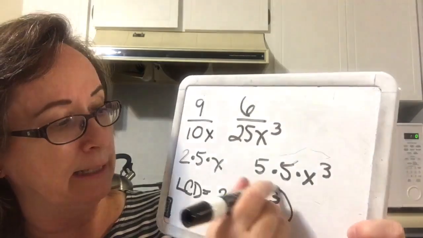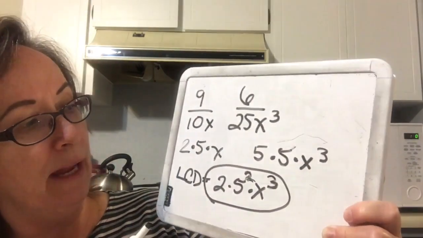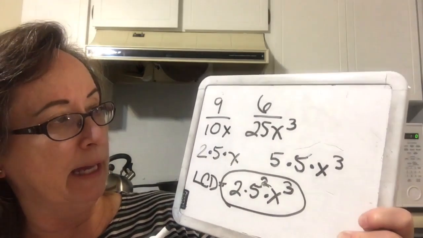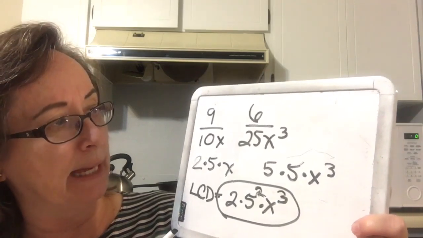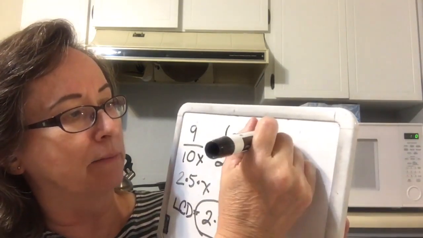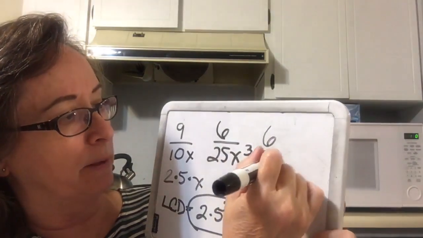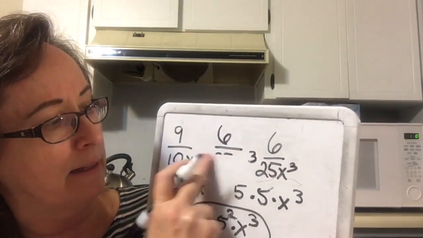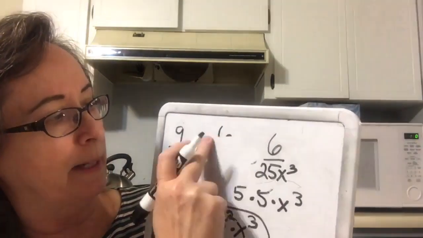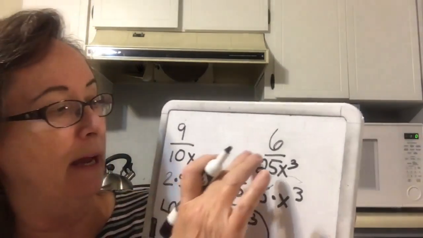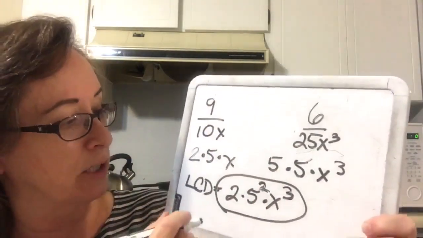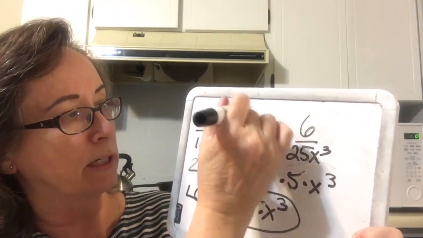So here's my LCD. And now I'm going to say, okay, what is missing? I'm going to write this one over here just a little bit because I need a little bit of room. So I'm just sliding it over. And we're talking about now equivalent fractions or equivalent rational expressions.